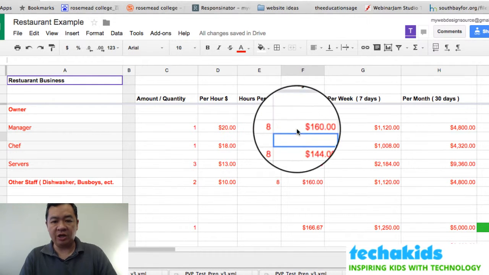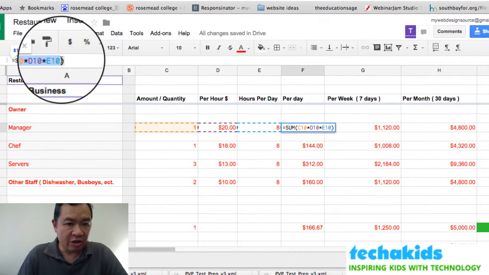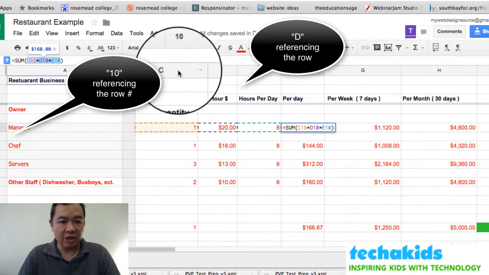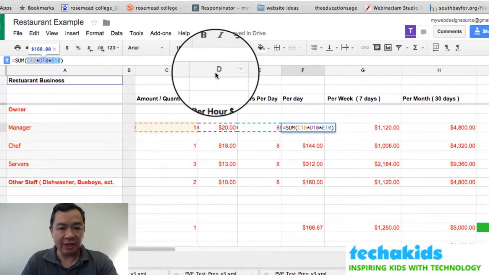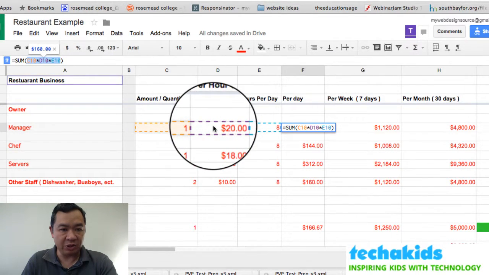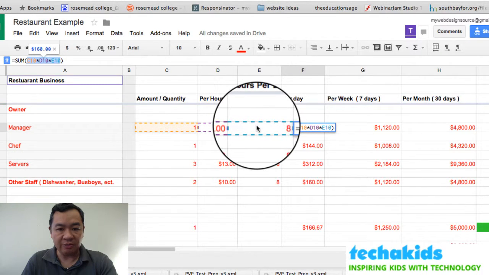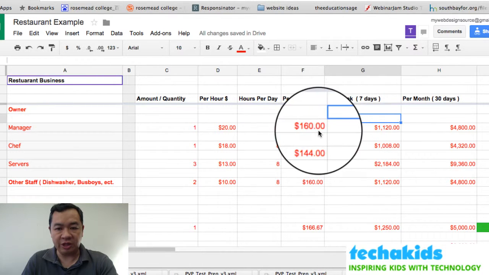You click on that, you get $160. This is the calculation that made it $160. It was C10, multiplied by D10, which is $20, and then multiplied by E10, which is $8. Okay, so that's how that was done.